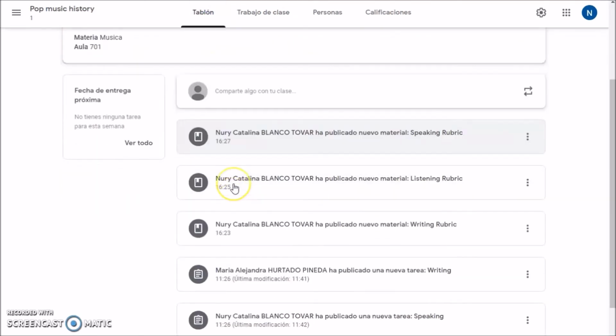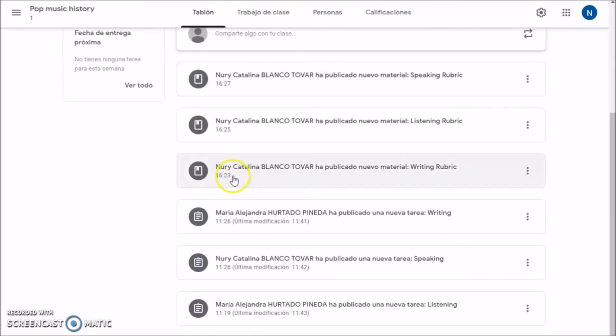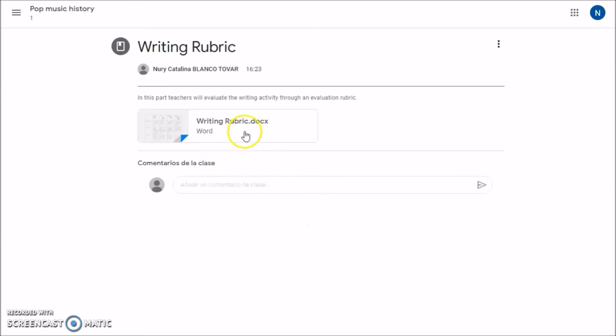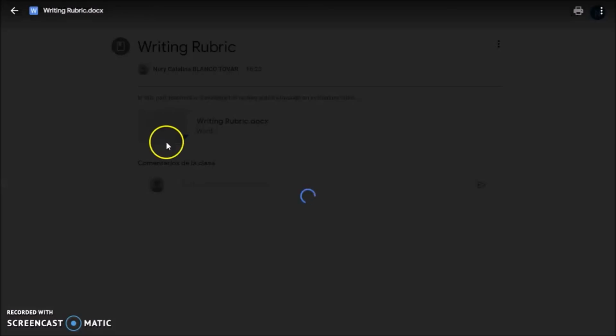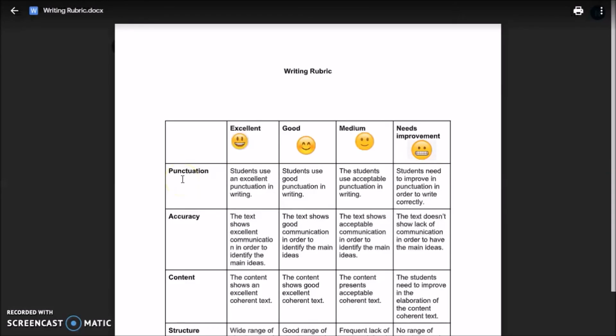Okay, the writing rubric is this one. We are going to click on the rubric, and this is the writing rubric.